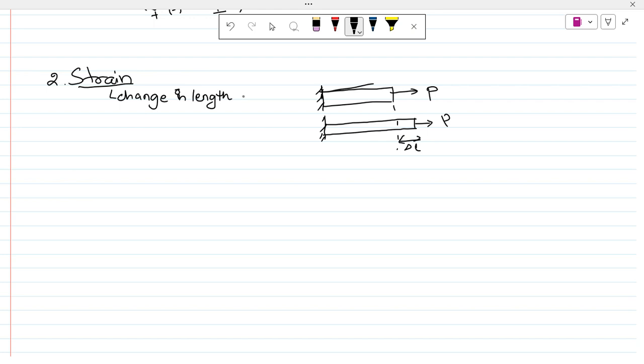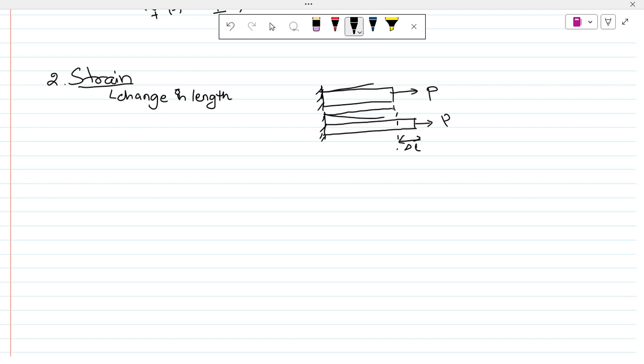But how to measure it so as to relatively compare two or three bars irrespective of their cross section areas? So we have to divide it with the original length. We have to compare with the original length.